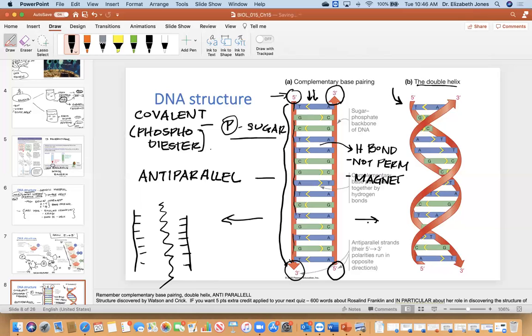And so that really suggests a mechanism for how you could copy this. If you can pull this guy apart into two separate strands, then it's pretty easy to imagine that each of these strands can serve as a template to build a new strand of DNA, right? And so that is exactly what we're going to find in part 2 of the lecture.